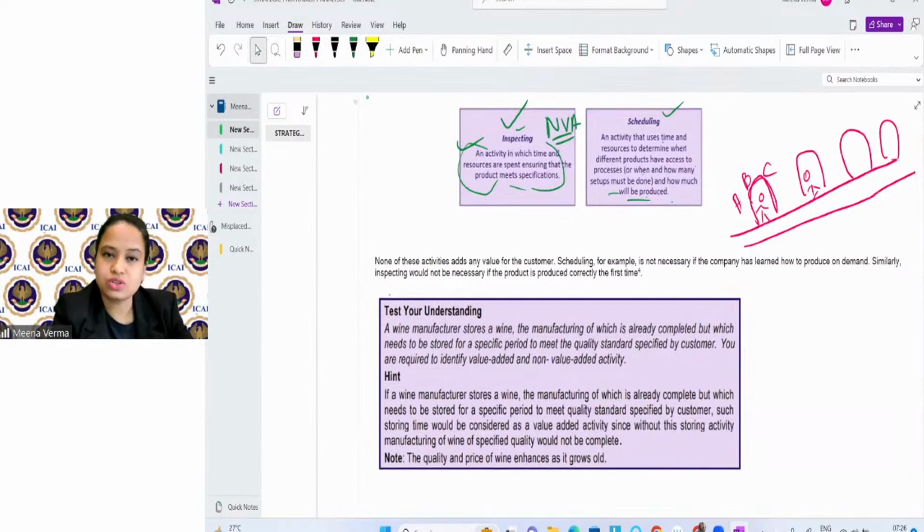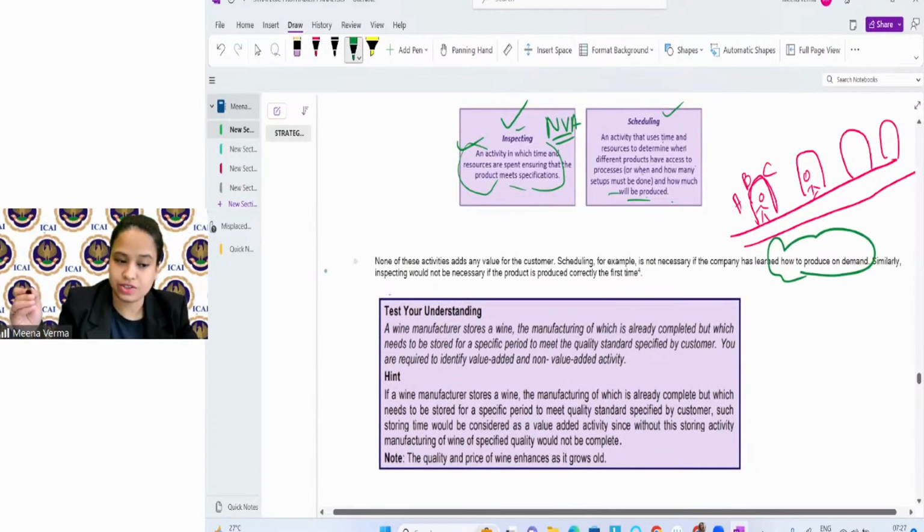So scheduling is also a non-valuated activity. When you're scheduling, okay, we will produce tomorrow, at this time, we will produce this many units. When you schedule the production, this is also a non-valuated activity. So scheduling means you are not producing the goods in cellular manufacturing.